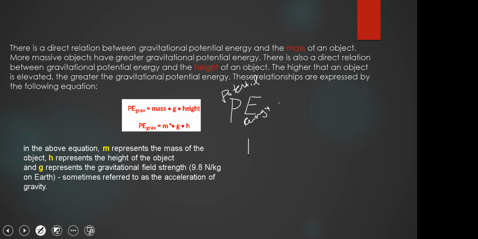So PE, the gravitational potential energy, is mass times g, where g is 9.8 or 10 newtons per kilogram, the gravitational strength, times the height. So here the potential energy is mgh. m is mass, g is the gravitational strength, and h is the height.